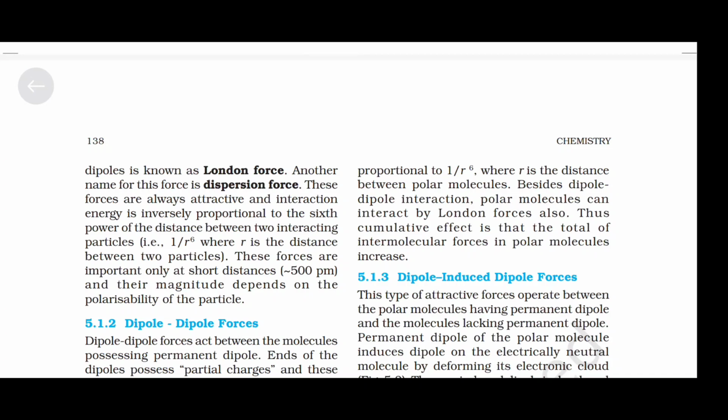Besides dipole-dipole interaction, polar molecules can interact by London forces also. Thus, the cumulative effect is that the total of the intermolecular forces in polar molecules increases.